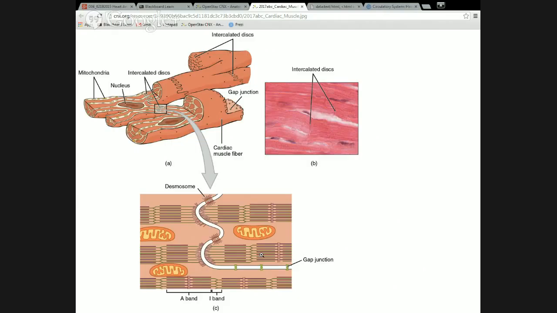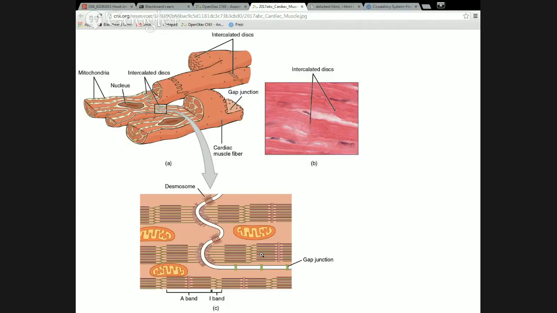And it goes from the origin to the insertion of the muscle. So when that fiber depolarizes, the whole fiber contracts, and the whole thing leads to moving the insertion towards the origin. Skeletal muscles, however, are very linear, so they can have one long cell going the whole distance.